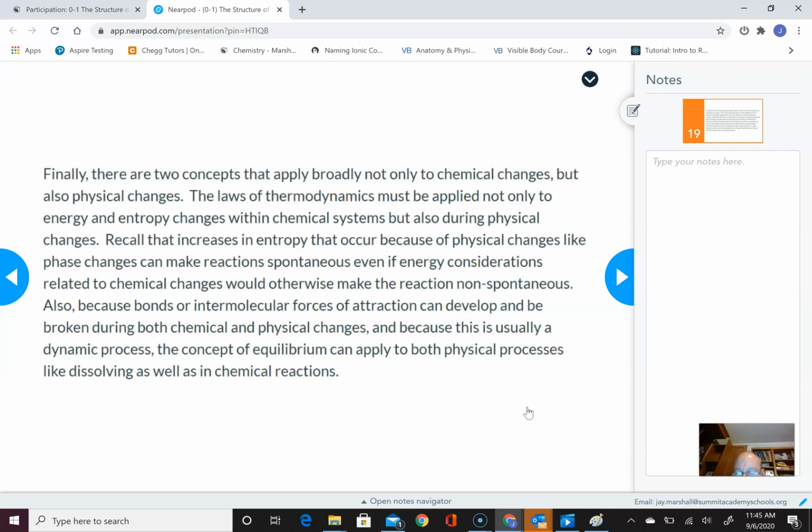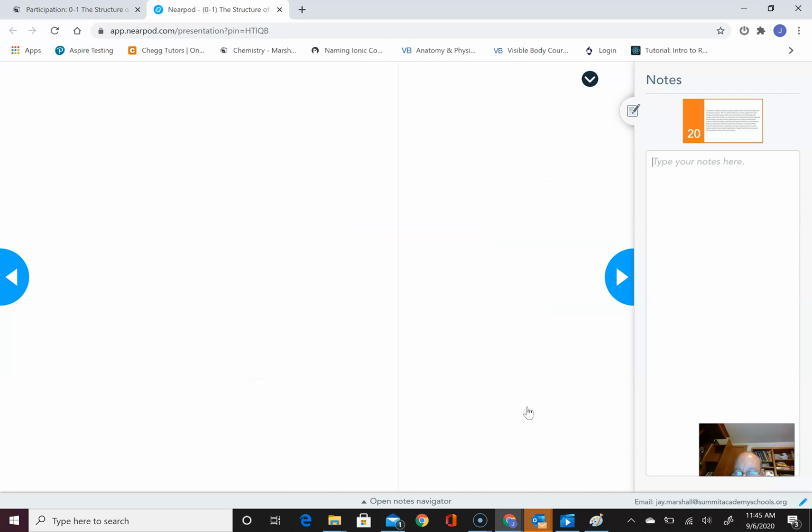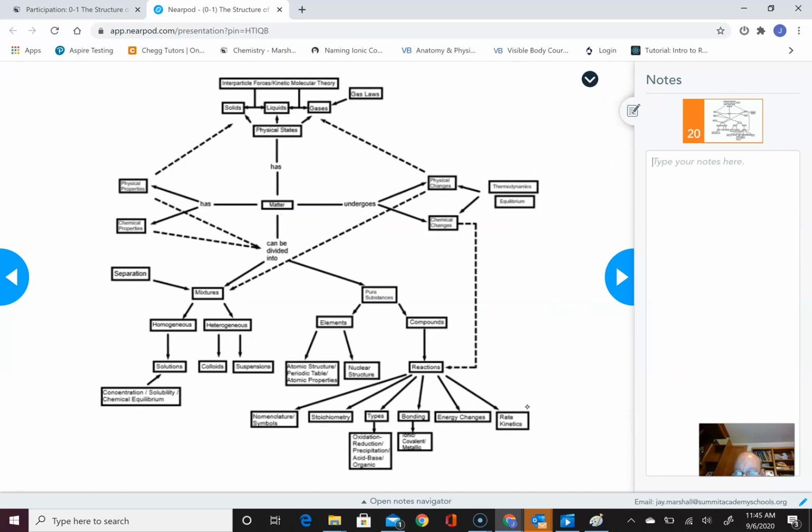I'm not going to go into those right now. I'm just going to ask you to put these on your graphic organizer, and those go right up here. Thermodynamics and equilibrium. They apply both to physical changes and chemical changes, and we'll talk about those near the end of the course as well.